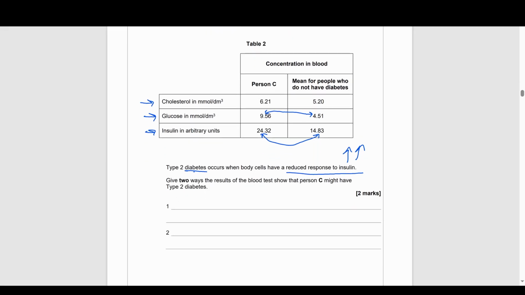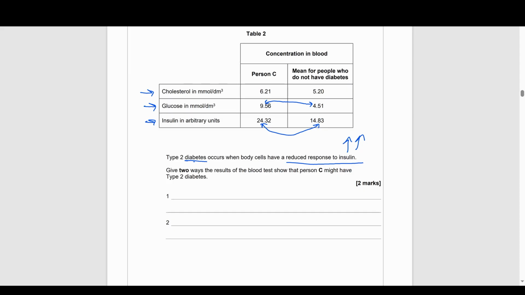So remember, what we're doing here now is we need, in our answer, to show a comparison, because they've given us a person C now, so it'd have to be something that person C has, which indicates that they may be suffering from type 2 diabetes.